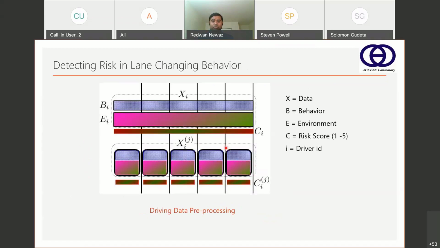So before getting into our proposed networks, let's talk about how to process data that can be used for an anomaly detection method. For this, we have conducted a small experiment in our lab setup in order to determine the risk while changing lanes in a highway environment. For this setting, we are given a pre-recorded observation of the driving behavior data while traveling along some paths.